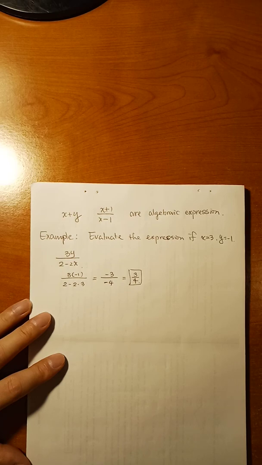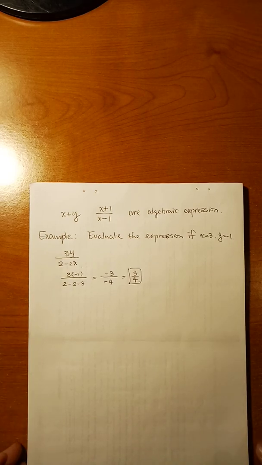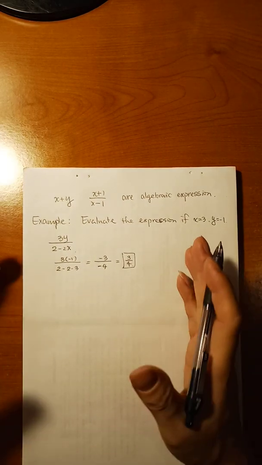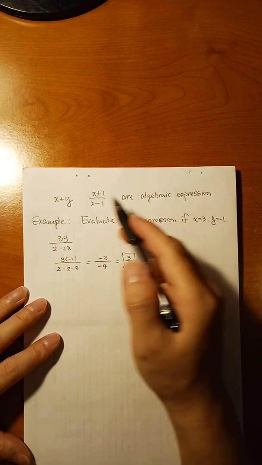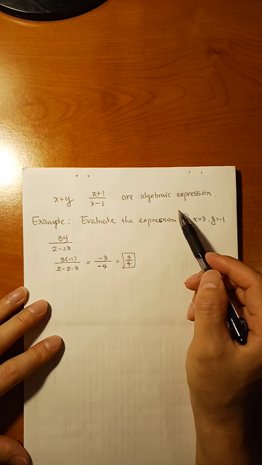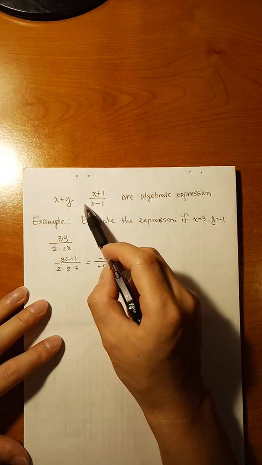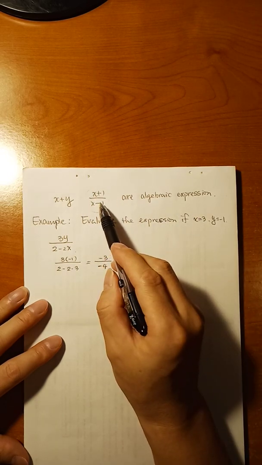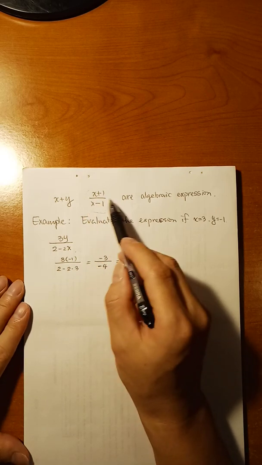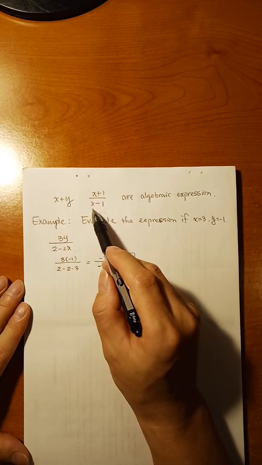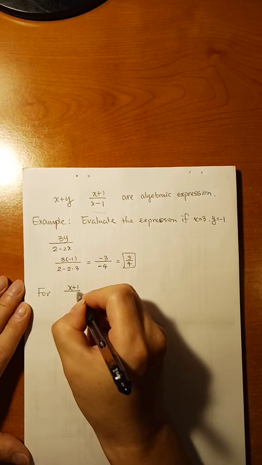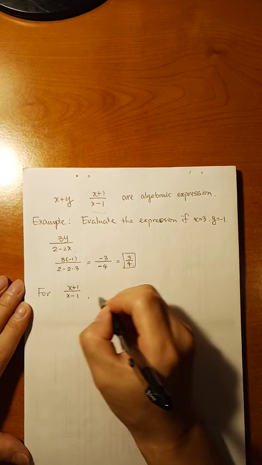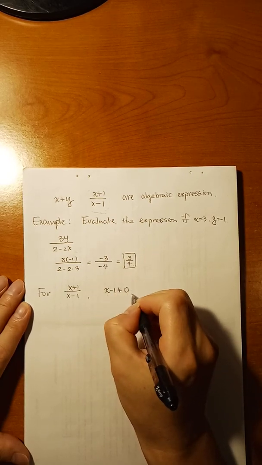This is an evaluation. Whenever you try to evaluate an expression, just plug in the data. And for those algebraic expressions, whenever you have a fraction, the denominator cannot be 0. So for x plus 1 over x minus 1, x minus 1 cannot be 0.